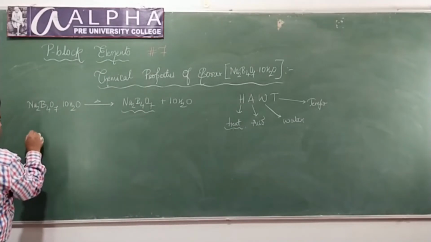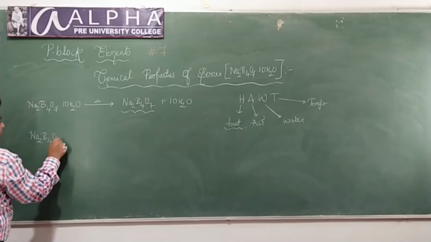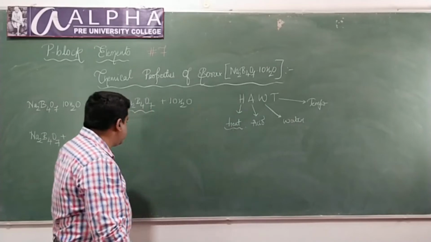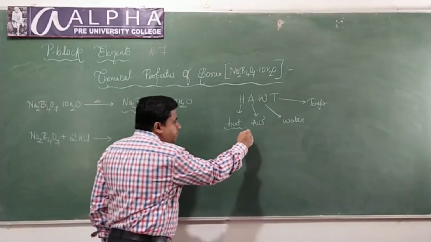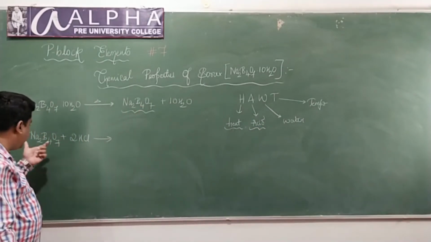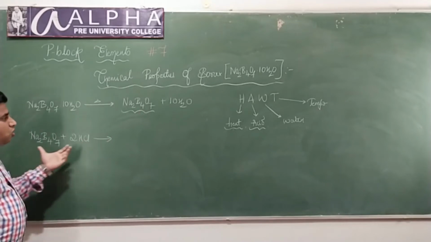Now consider sodium metaborate, Na2B4O7. Now treat it with any acid. Say for example, I'm going to treat it with HCl. The next word, acid. Understood? How do I write the product?